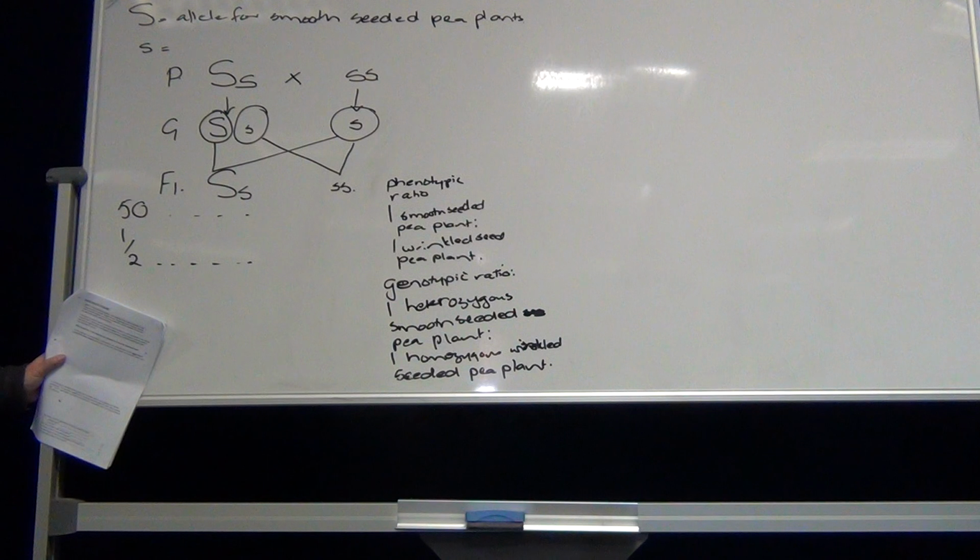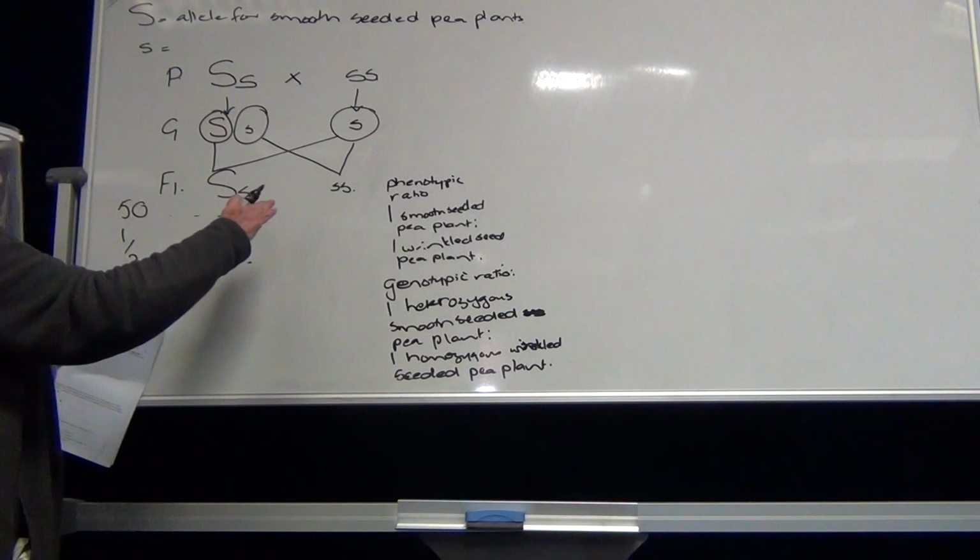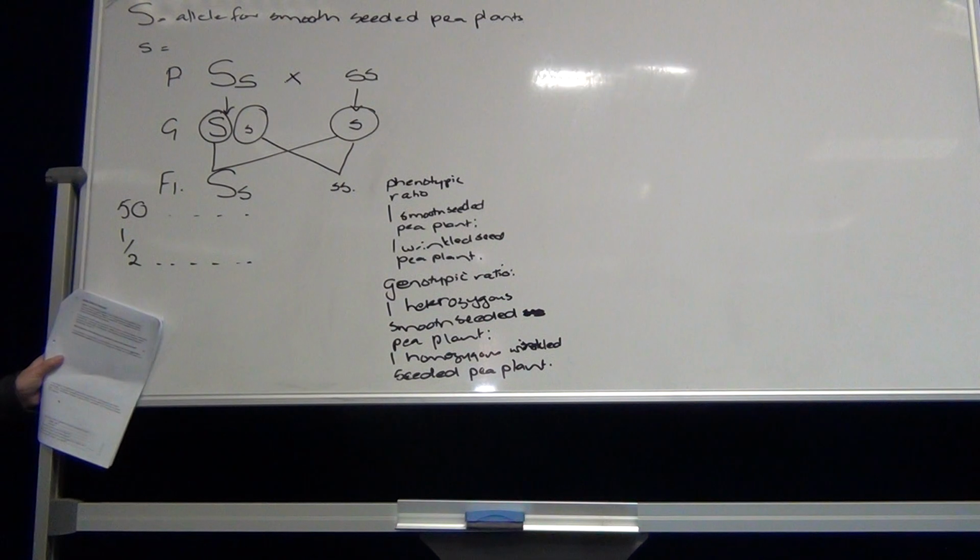If they had given a number, let's say these two plants produced 50 offspring, how many would show the dominant trait? Then your answer would have been 25. Then you're not doing proportion, you're actually calculating how many.